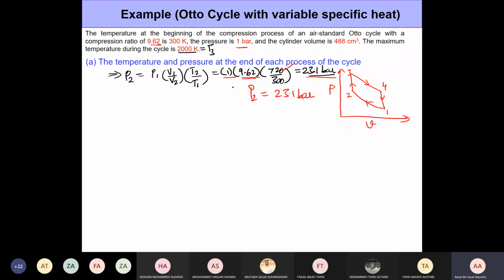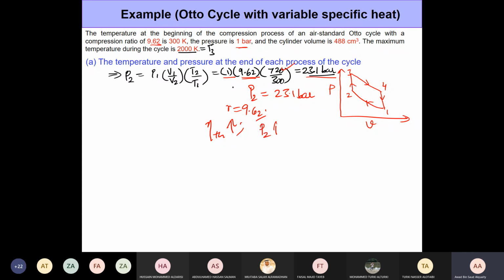Now, I want you to consider a situation. Here we said the compression ratio R is 9.62. Now, let's say I want to increase the thermal efficiency of this engine a bit more. If I want to increase the thermal efficiency, what should I do to P2?